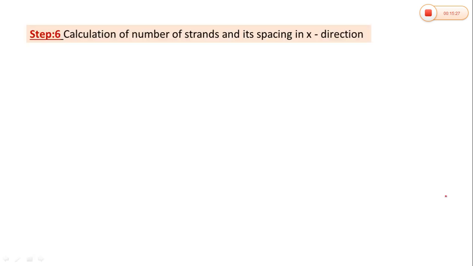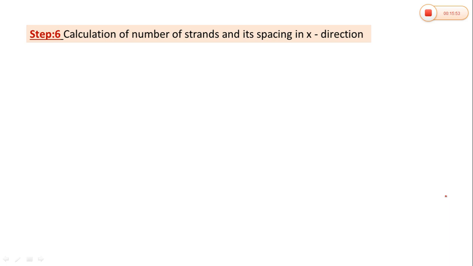Step 6 is calculation of the number of strands and their spacing in the x direction. In the previous steps we have calculated the moment, and by using the moment we have calculated the prestressing force. But each strand or cable has certain limitations; it is going to take load only up to a certain limit.